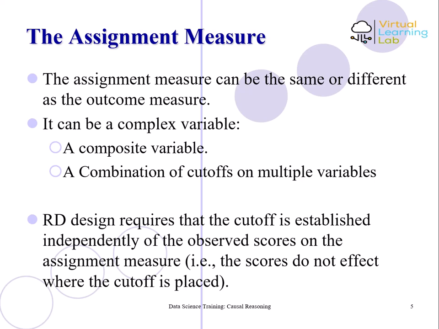And the cutoff needs to be established in a way that the cutoff does not affect the scores themselves. In other words, the measurement first happens and then the cutoff is applied to that measure.